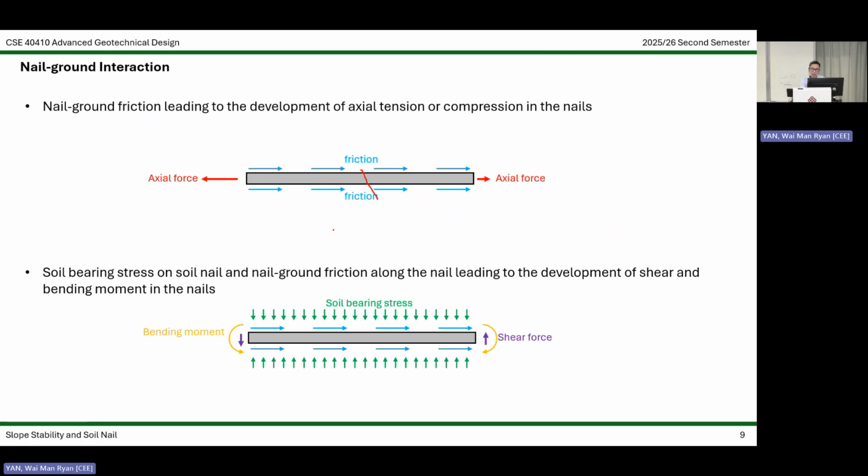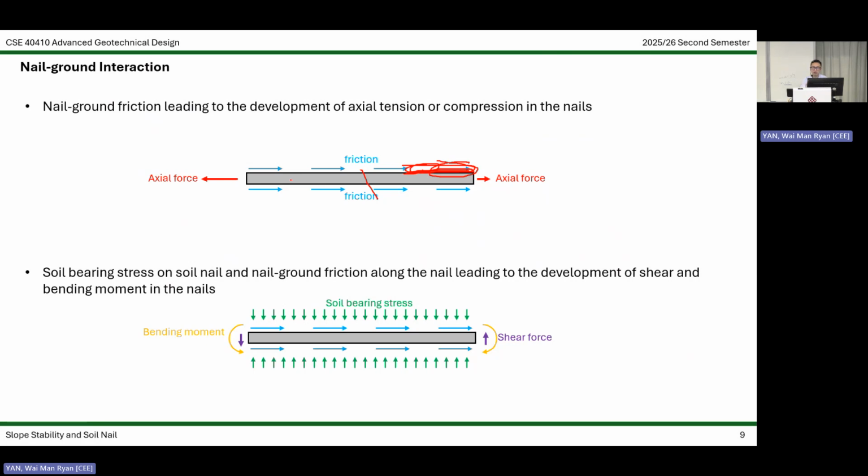And another mechanism will be frictions. We also need to consider that the friction here is provided by, this is the steel bar, and then you have the grout here, right? If the bond at the grout and steel interface is too weak, you cannot have the frictions. I think that is very smooth, right?